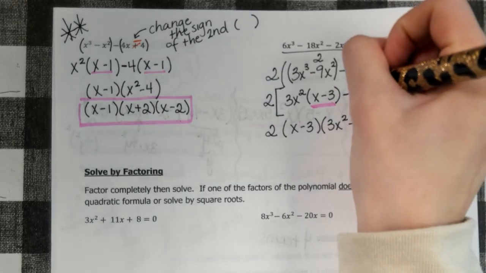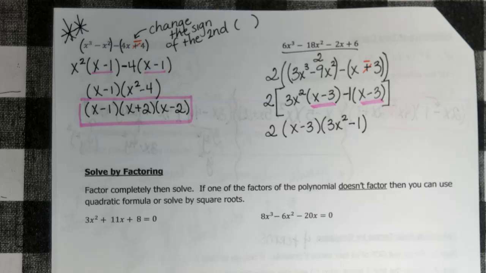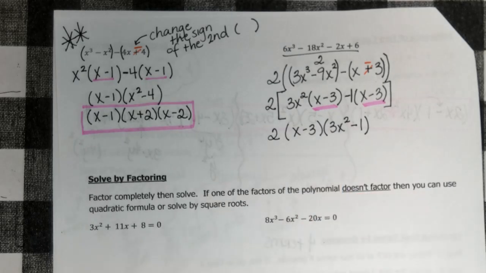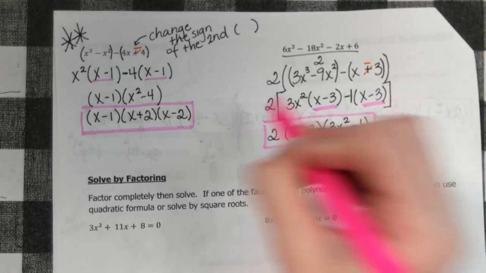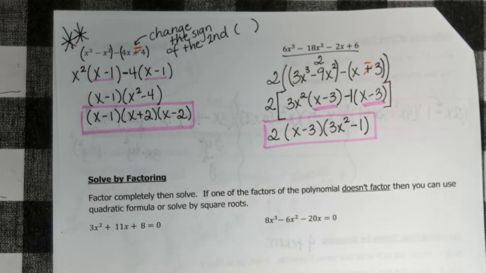Okay, and you could even write a 1 right here if you wanted to. Now could I take that further? It's your instinct to want to, but 3 is not a perfect square, so that is all I could do. Okay, we good with that?